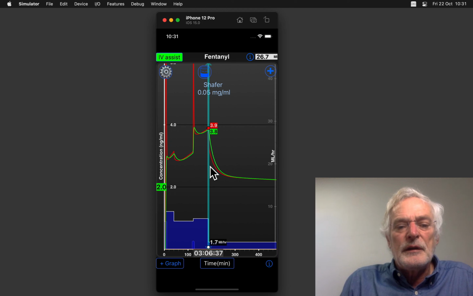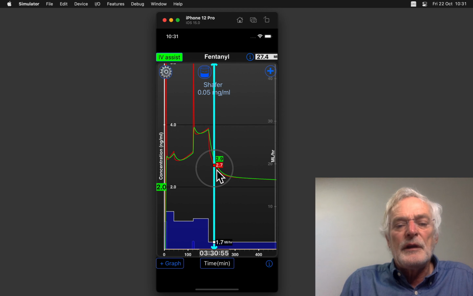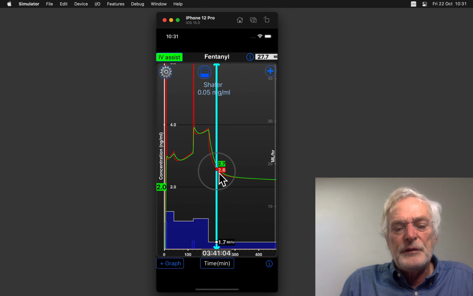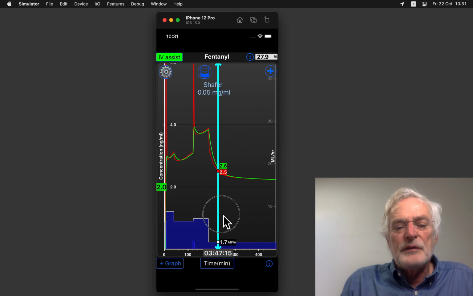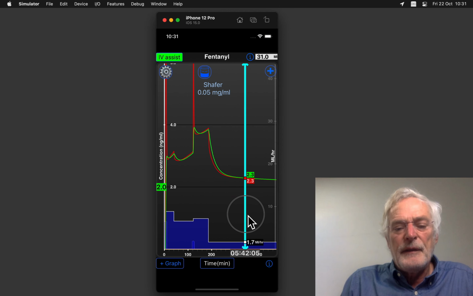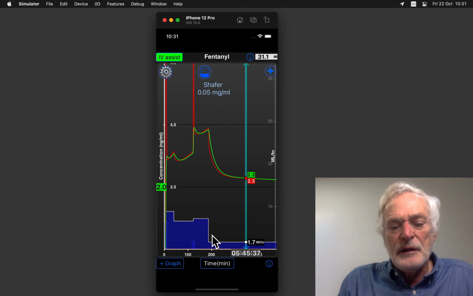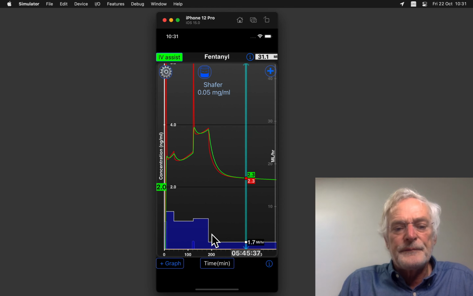So the IVAssist mode accepts the slightly slower decrease of the blood concentration and does not stop the infusion. It just simulates a new infusion to be switched to immediately after the change of the target.